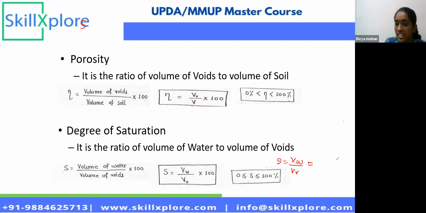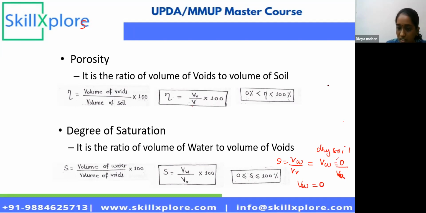When a soil is a dry soil, this volume of water is equal to 0. So for dry soil, VW is equal to 0, and the volume of voids will be completely a volume of air. So it can take a value of 0.